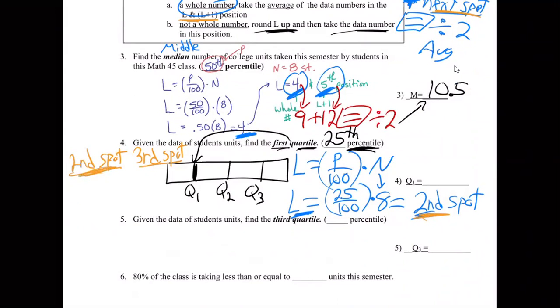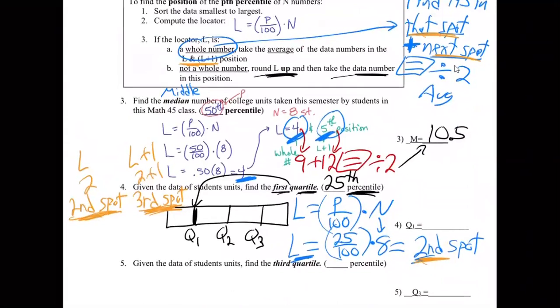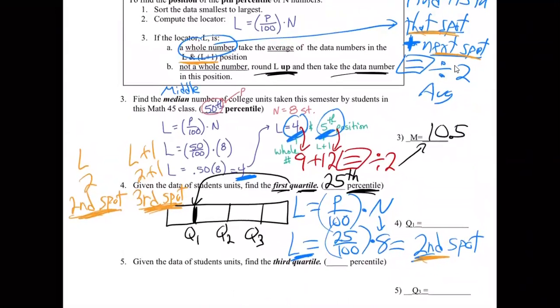So second spot and 2 plus 1, third spot. That's the L and the L plus 1. Good question, Daniel. That's what she means by the L and the L plus 1. I like to just say, find that spot and the next spot. I've just found that's easier for students over the years, but it's true either way. L and L plus 1, that spot and the next spot, second spot and the third spot.